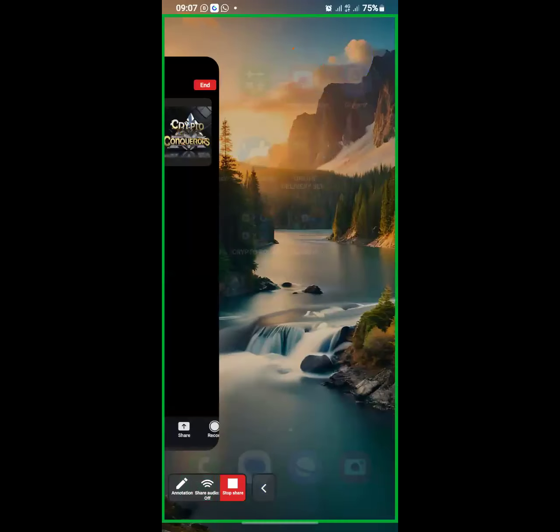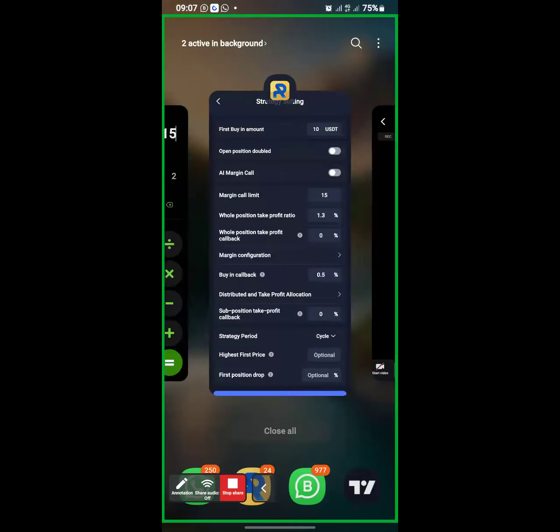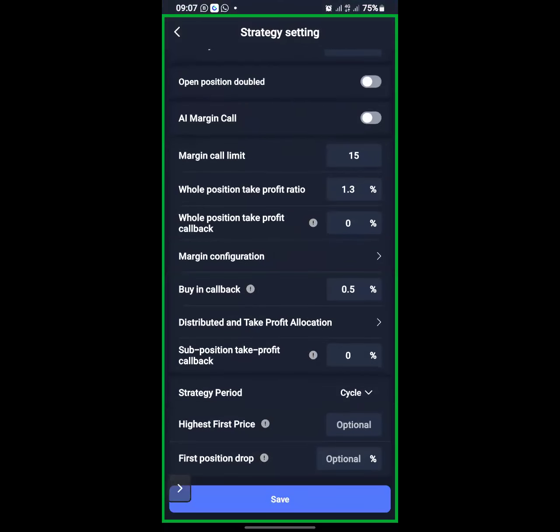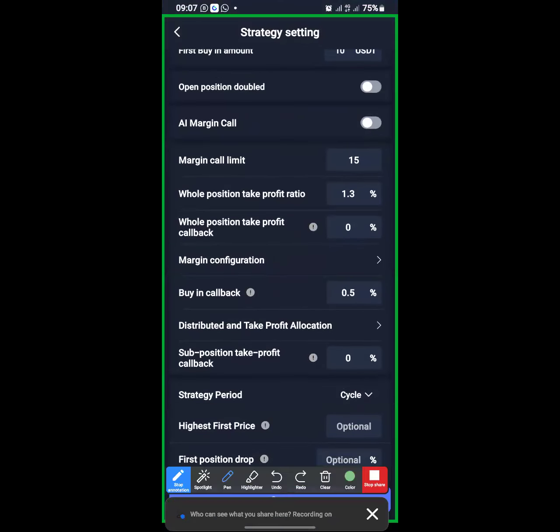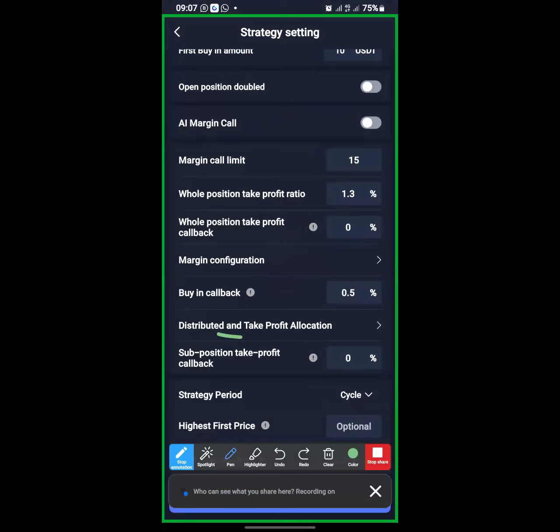Okay. Now, you're going to look at the distributed and take profit allocation. So I said the first four margin calls are sold here, and the sub positions have independent margin calls.